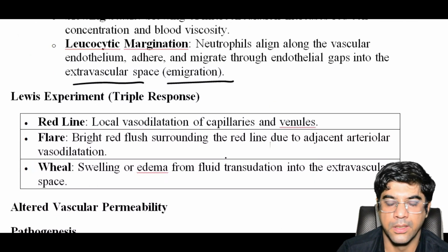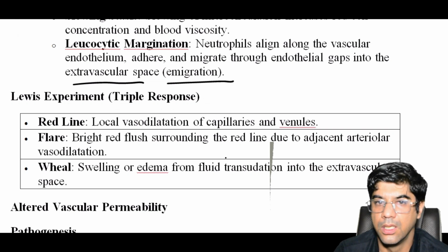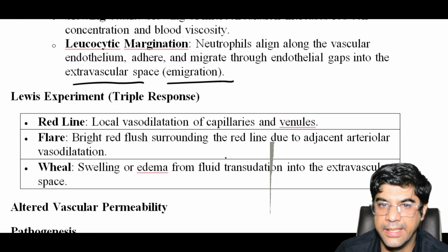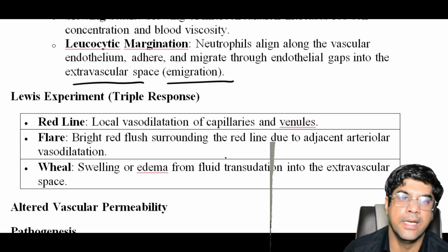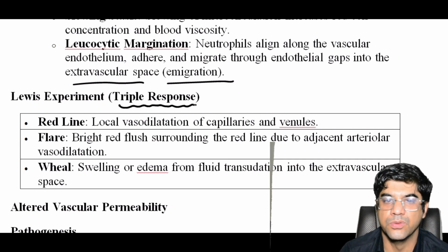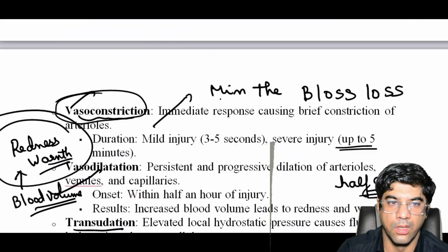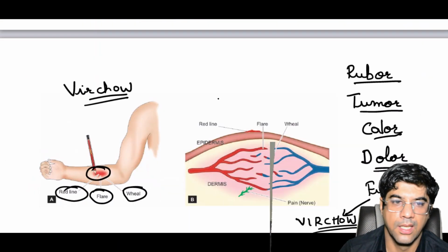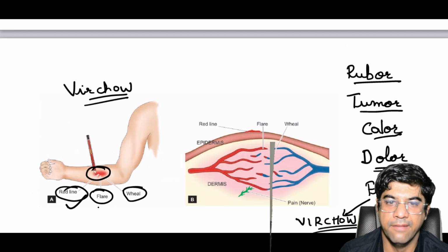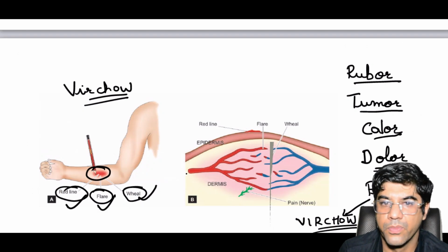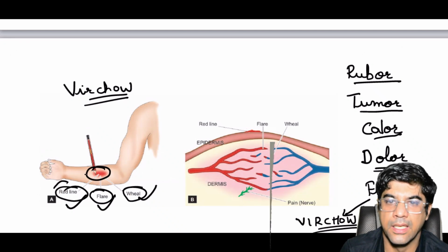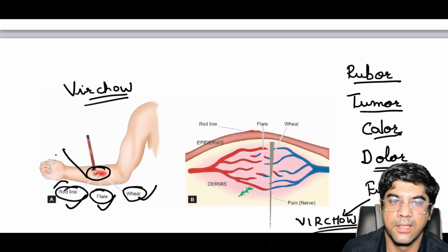Now the triple response. According to Lewis, he demonstrated the vascular changes in inflammation and called them the triple response. So what are those? A red line, flare, and wheal. The red line: when you lightly scratch the skin, you see a red line.